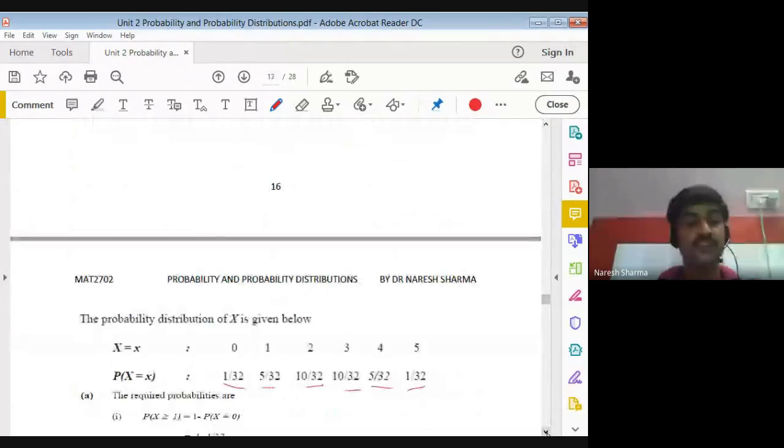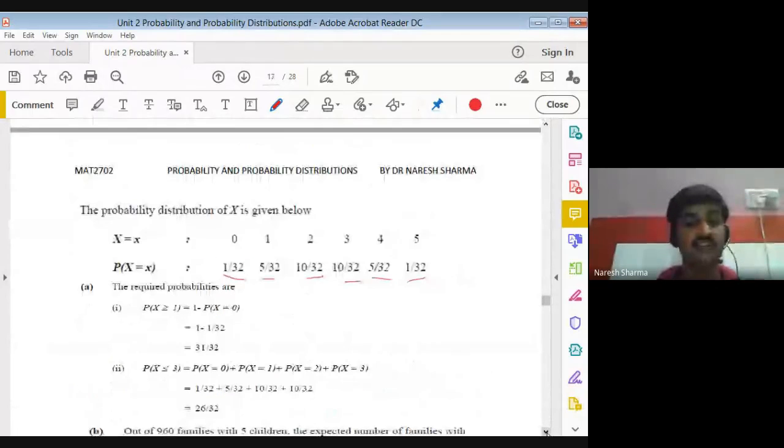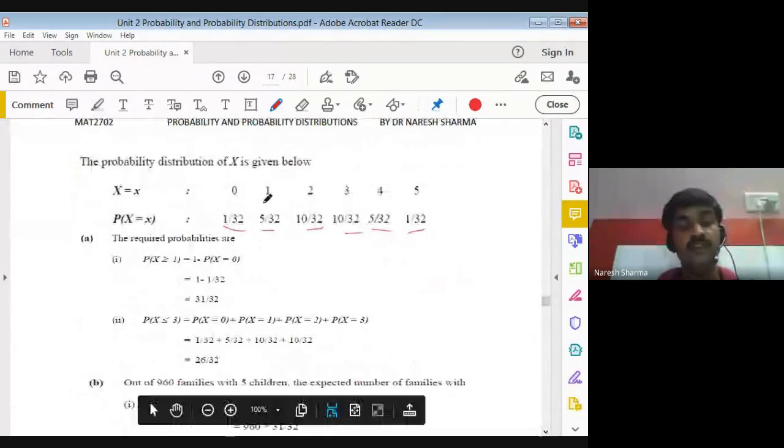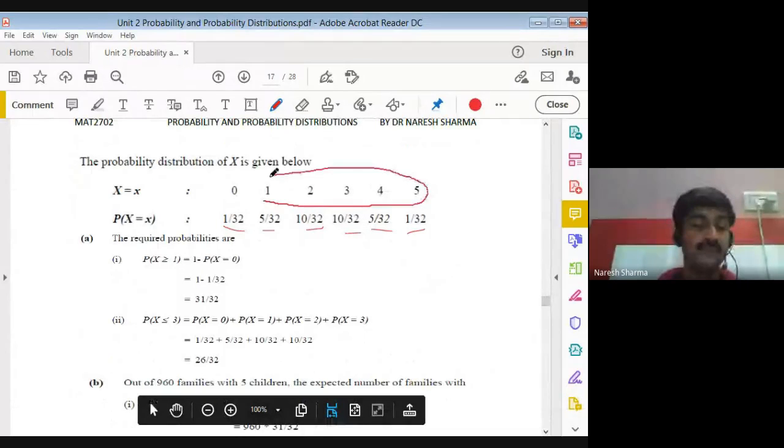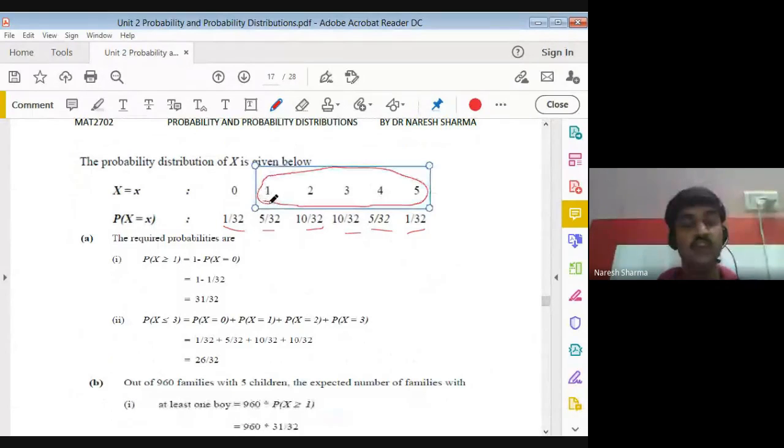At least 1 means the number of boys should be greater than or equal to 1. That means 1, maybe 2, 3, 4, or 5. So we need to add all these 5 entries.